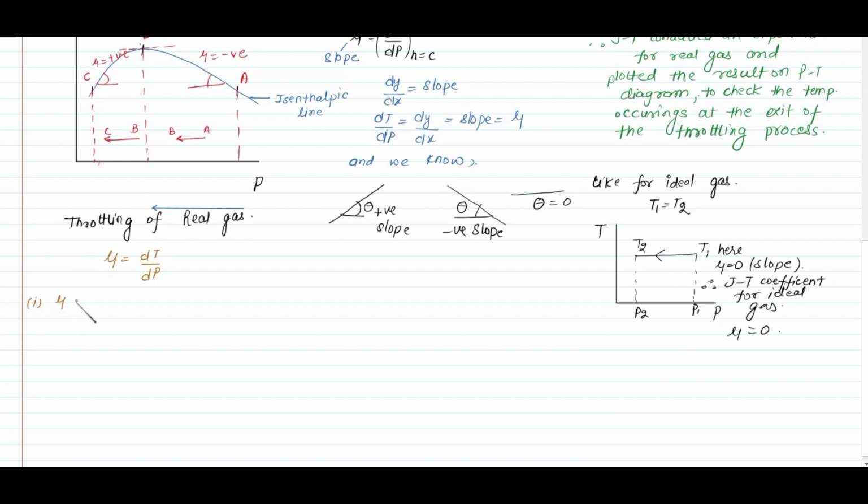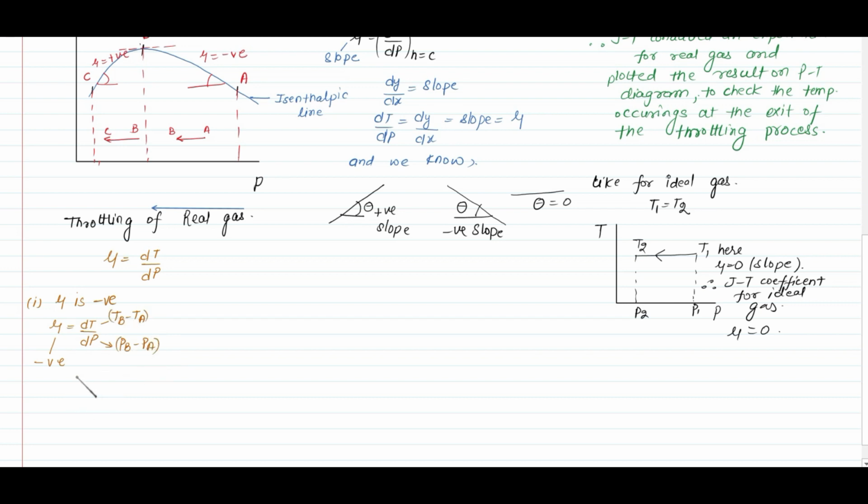In the first section, that is A to B, mu is negative. I have written, and the formula says, mu is dT by dP at constant enthalpy. Since mu is negative here in the AB section, we can write dT as TB minus TA, final minus initial, and dP as PB minus PA, final minus initial.